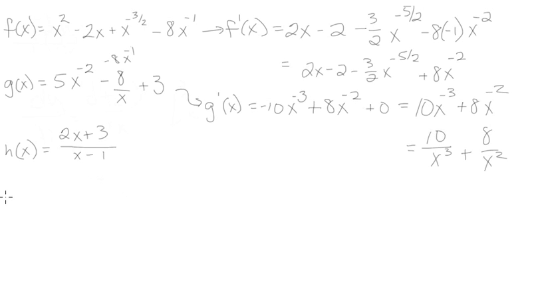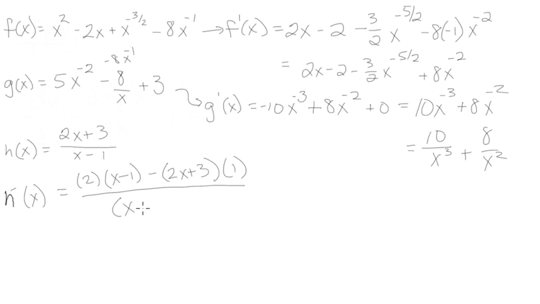For this last one, I'll go ahead and use the quotient rule. Really, either way would work. So the derivative of the function h is going to be the derivative of the numerator, 2, times the denominator unchanged, minus the numerator unchanged, times the derivative of the denominator, over quantity the denominator squared. So I can multiply everything out here.